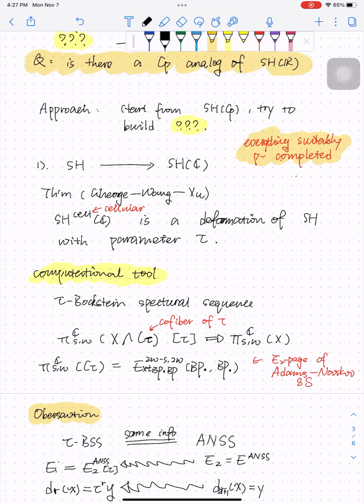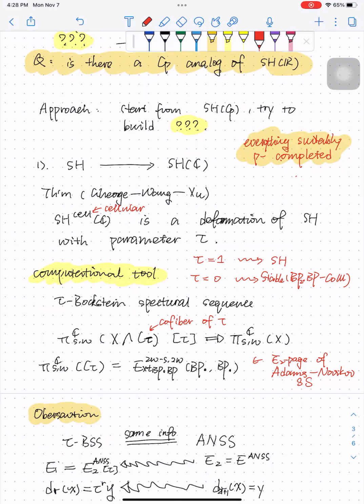If tau is 1, then this is SH. If tau is 0, then this is the BP_* BP comodule category, an abelian category, and then you take Hovey's stable category of that. This is something algebraic.